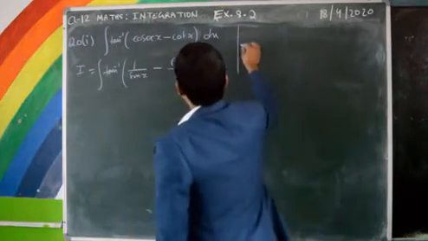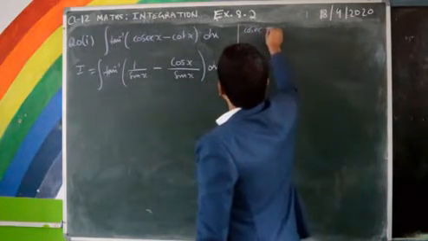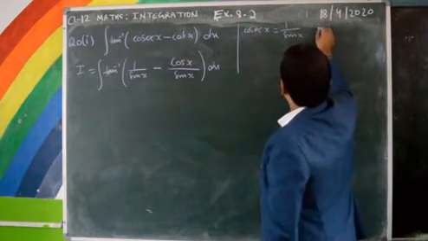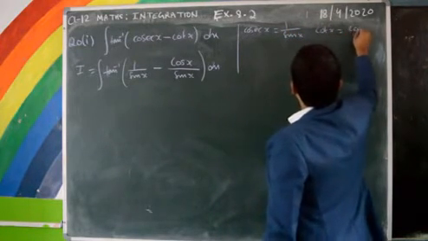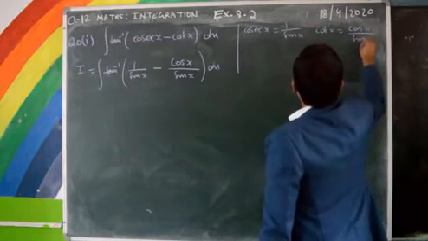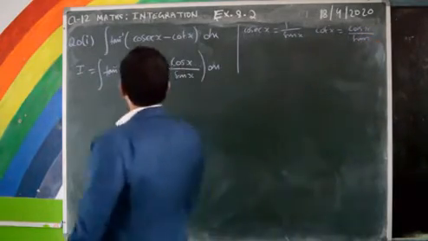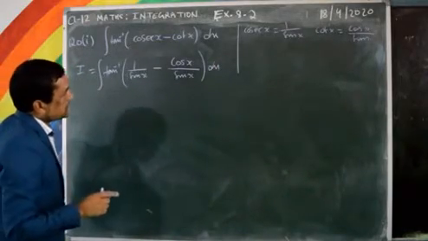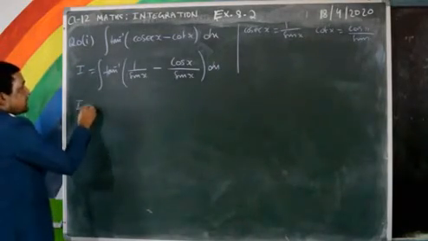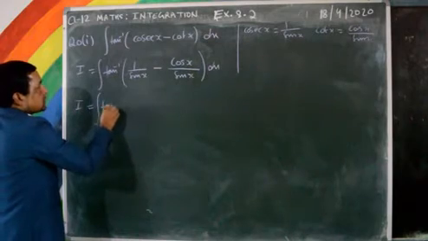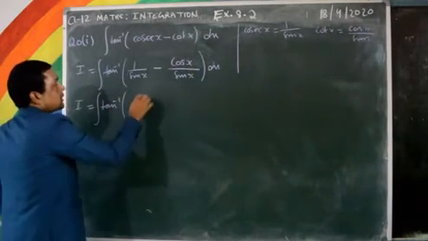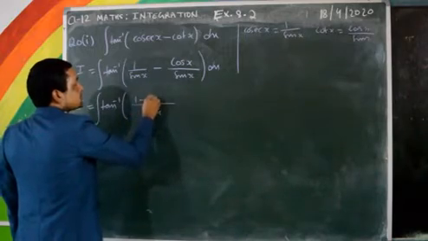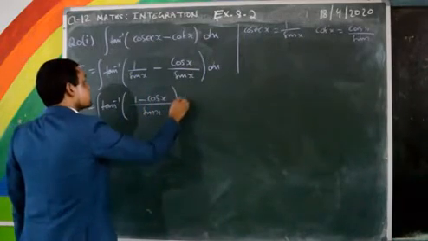Cosec x means 1 by sin x, then cot x means cos x by sin x. Now let's take the LCM. The denominator is the same, so we just write the numerator over one denominator. Then I equals tan inverse of, the LCM is sin x, then 1 minus cos x, bracket close, dx.